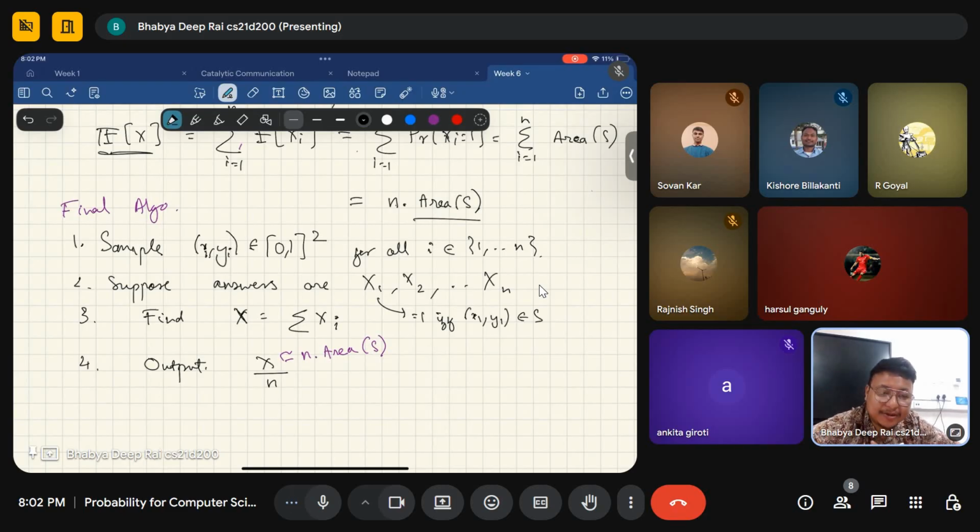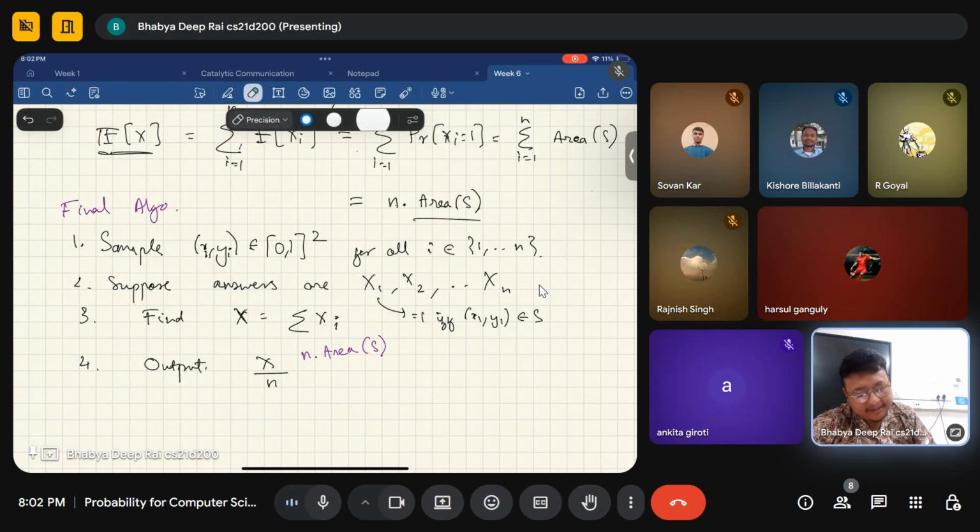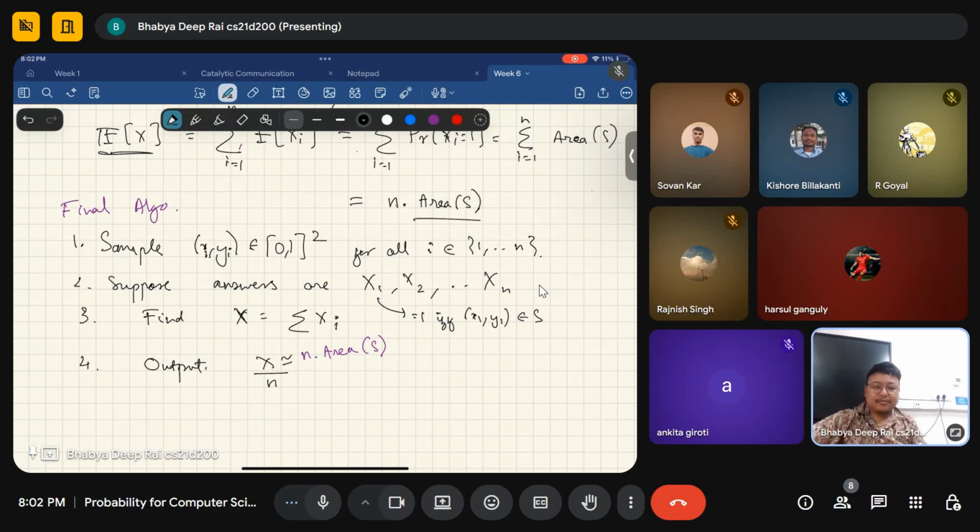Harshul, you asked that question, no? So is that fine? Yeah, the last part, output you wrote X by n is proportional or? So X by n is almost equal to n times area. Okay, so let me be explicit then.